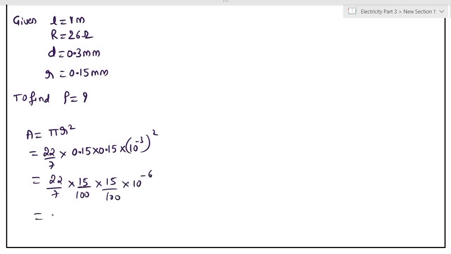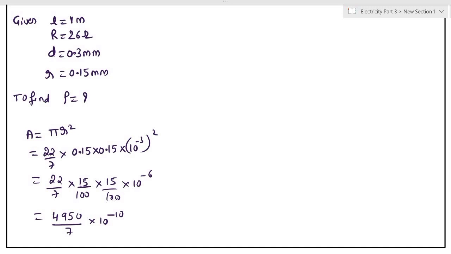So when we do this simplification, we will get in the denominator 4950 divided by 7 into 10 to the power minus 10.